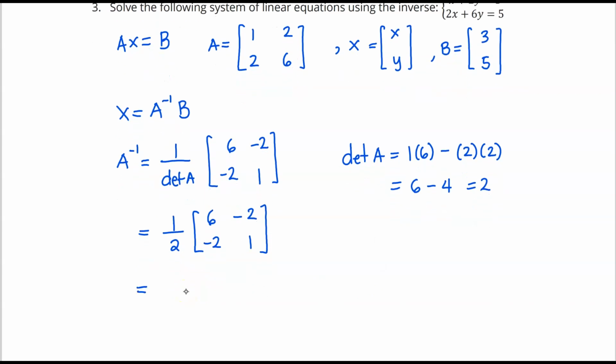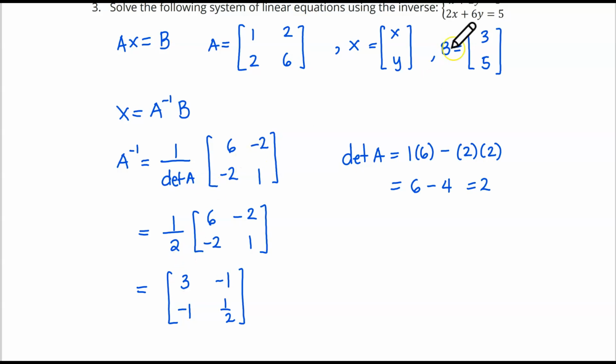That means we have 6 times 1/2 is 3. -2 times 1/2 is -1. -2 times 1/2 is -1. And 1 times 1/2 is 1/2. This is our A inverse.